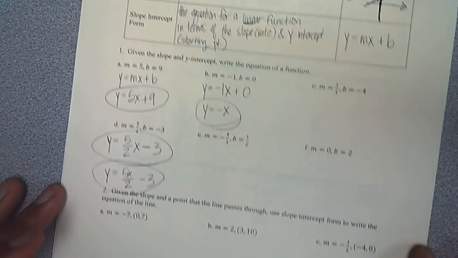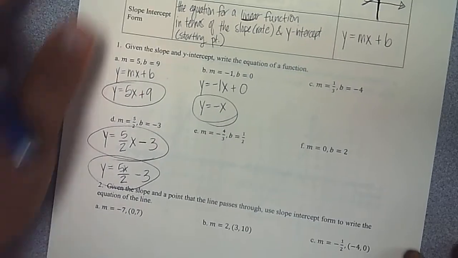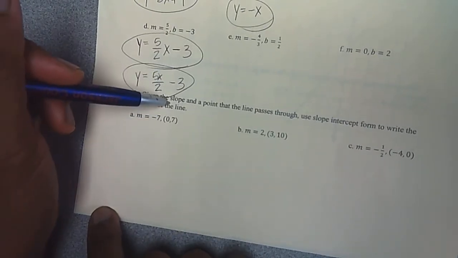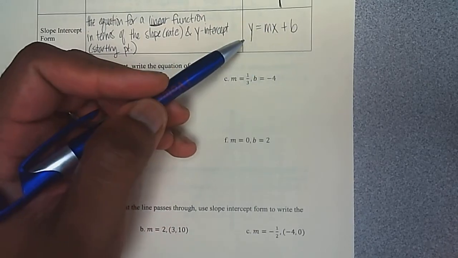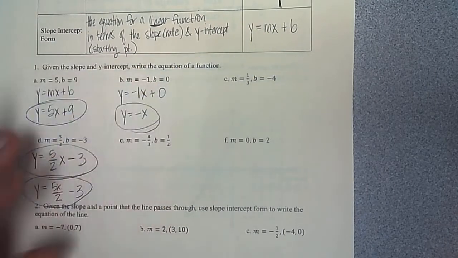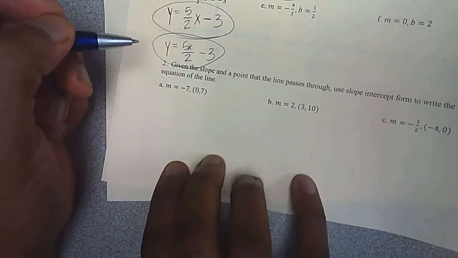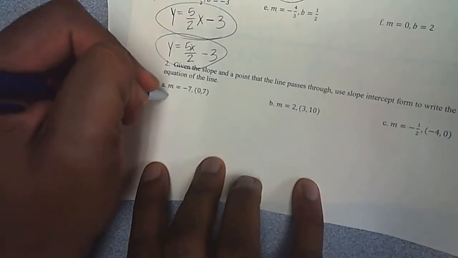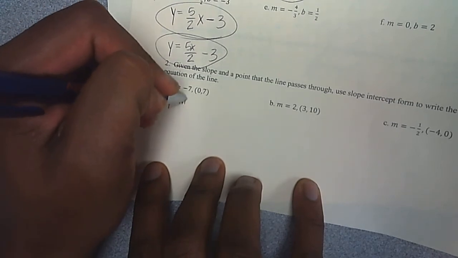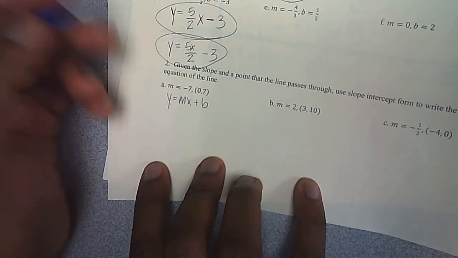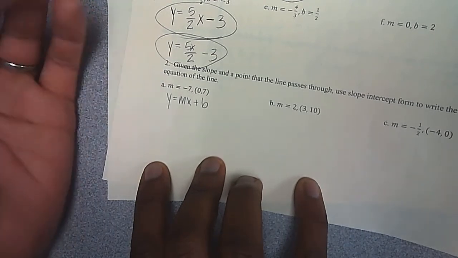Last but not least, let's look at number 2 and get you started on that. If I have a slope and I have a point, I should be able to work my way back to my slope-intercept form. So let's do it. Y equals mx plus b. In this situation, I'm going to plug in everything I know to find out what I don't.